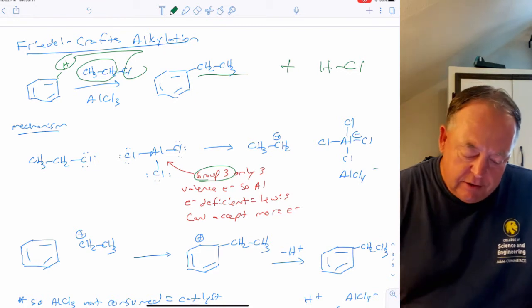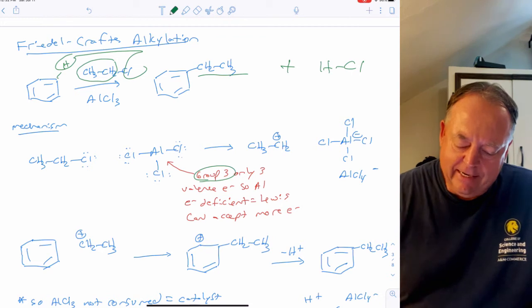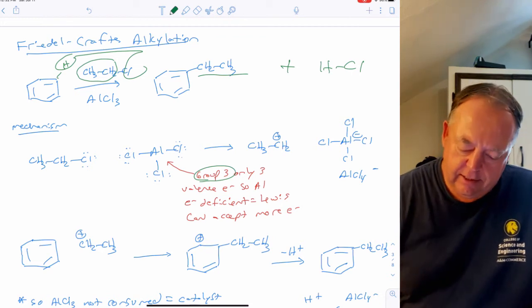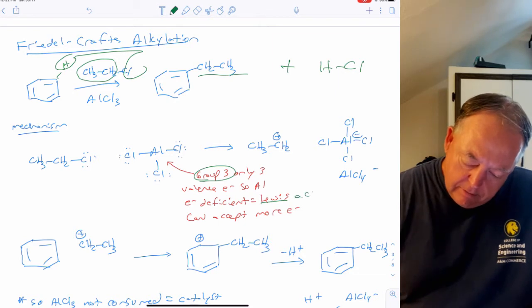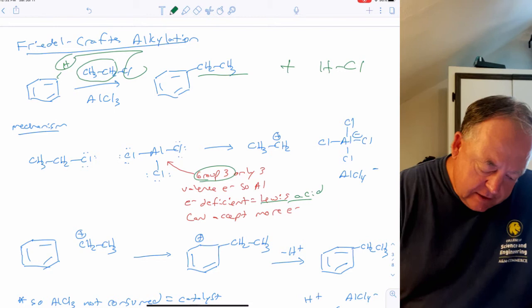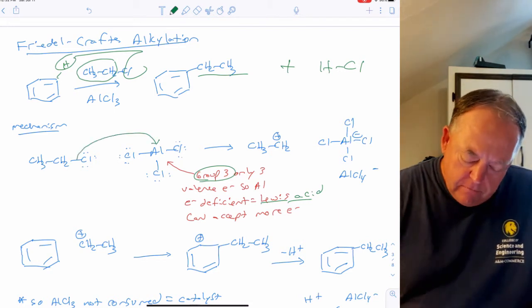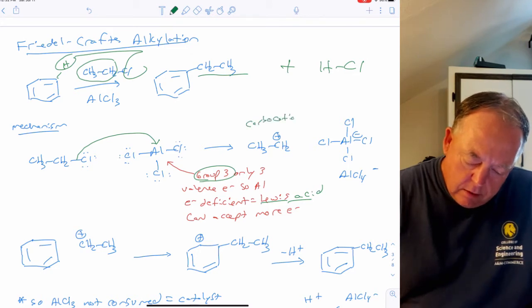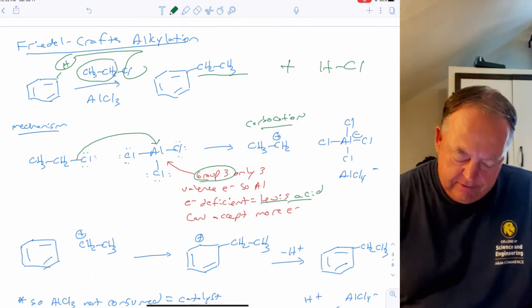So that aluminum only has 6 electrons around it, so it's electron deficient, so it can accept electrons, which means it's a Lewis acid, a very strong Lewis acid. What happens in this case is it's going to pull a chlorine atom off, and so you make a carbocation. So that's your electrophile, and you made AlCl4 minus.